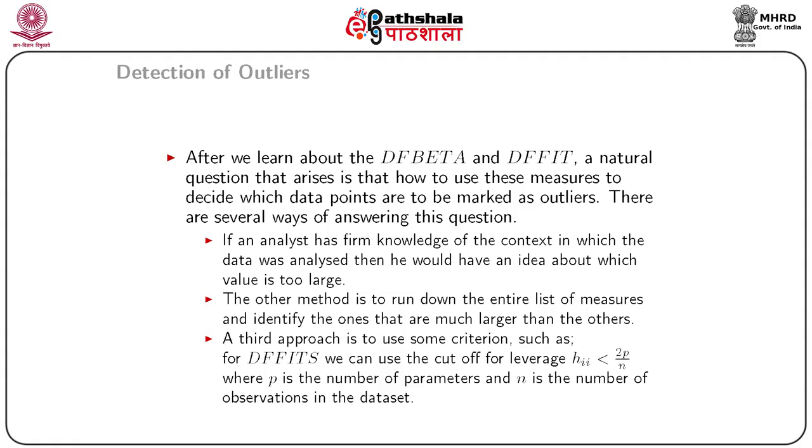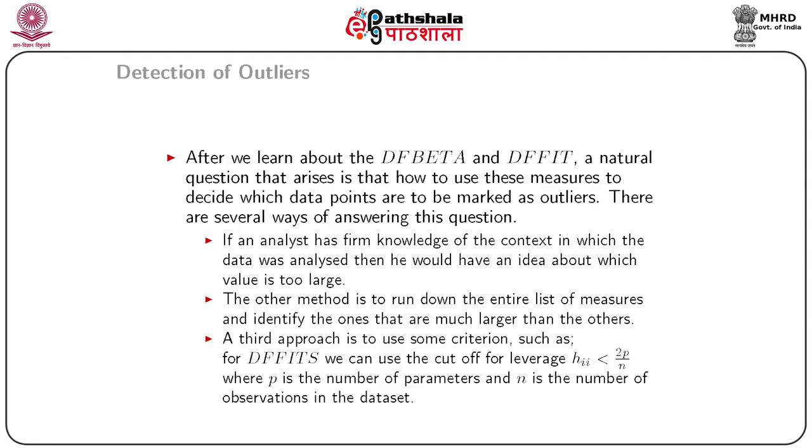Now, after we obtain our measures DFBETAS, standardized DFFITS and standardized DFBETAS, a natural question that arises is how to use these measures to decide which data points are to be marked as outliers. There are several ways of answering this question. If an analyst has firm knowledge of the context in which the data was analyzed, then he would have an idea about which value is too large.